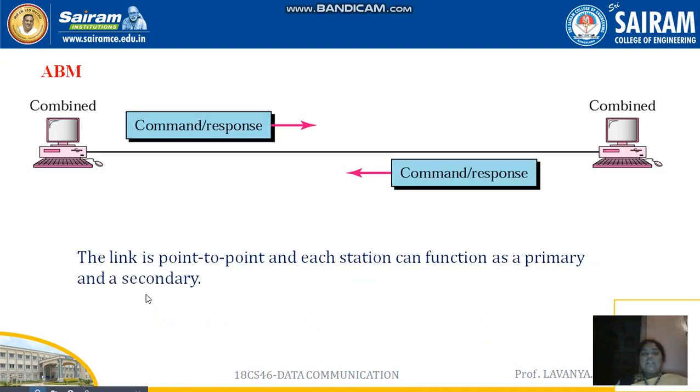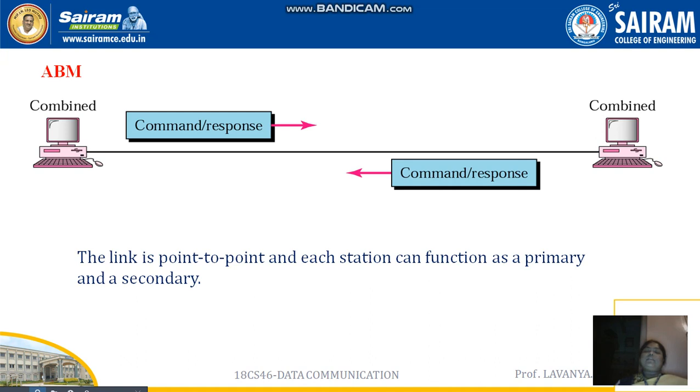Then the second one is asynchronous mode. In asynchronous mode, there are no primary and secondary devices. Here all the devices, the source side and the receiver side, act as both receiver and sender.